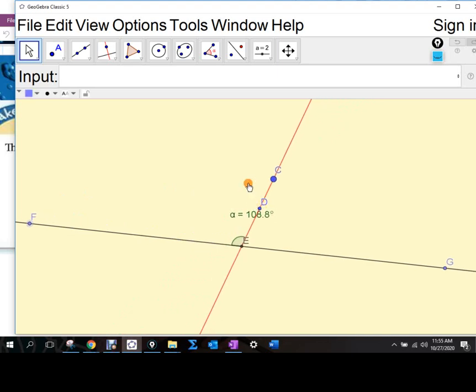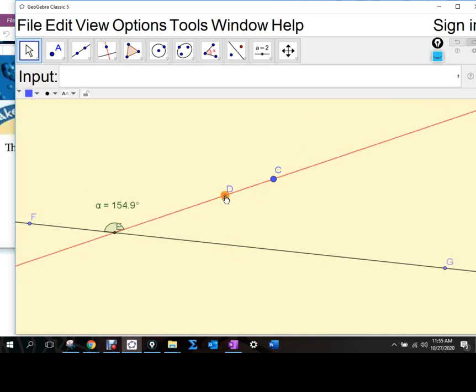Okay. Now, the idea is we've got supplementary angles here, right? We got that angle, which is 154.5, but we got this angle right here, correct? Which is going to be the supplement of that, which would be about 25.5 right there.